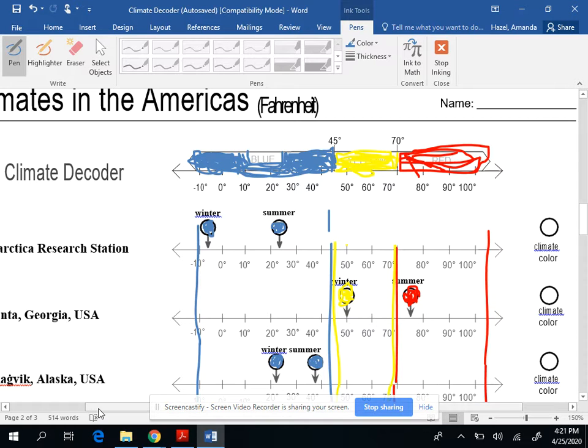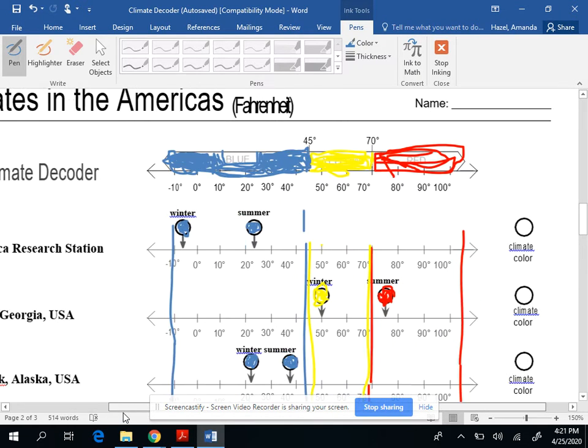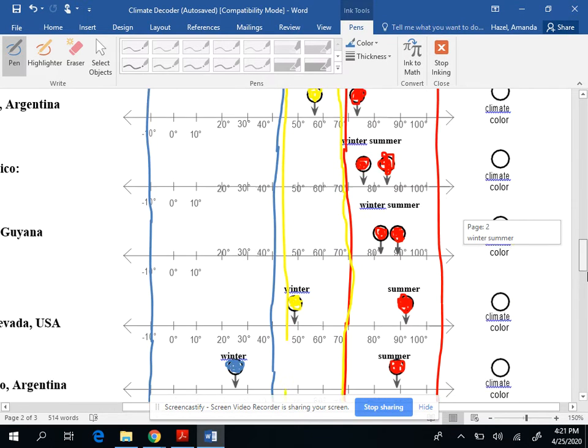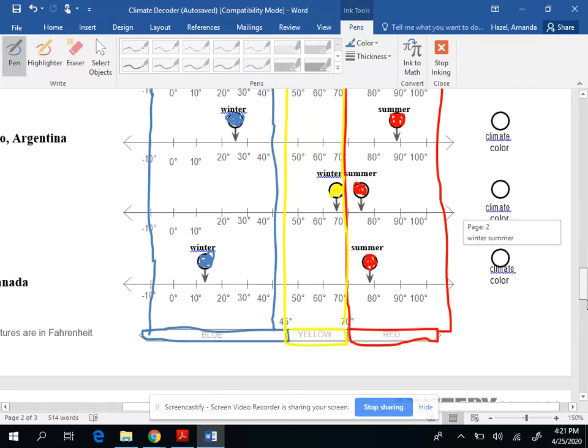So see how the Antarctica Research Station, we have 2 blue circles? So we can fill in the climate color as blue. Same thing with this place. So we're looking for all blues only.